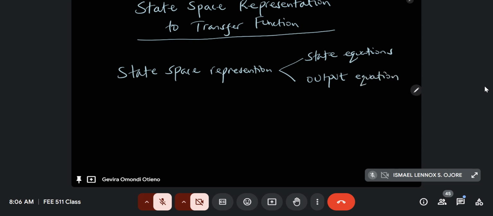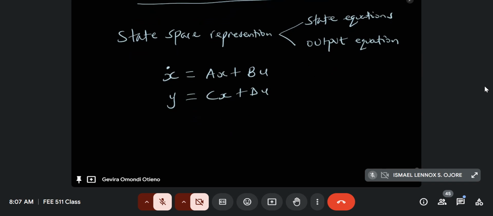We have also agreed on the general representation, and please remember all these matrices and vectors. The lowercase are vectors, the uppercase are matrices. So this has been the representation in state space. We've agreed in general that state space representation needs to be in this form.